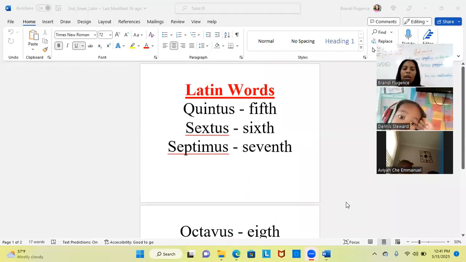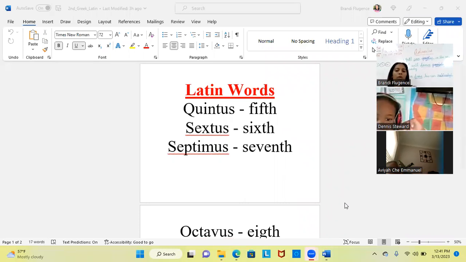All right, let's go over your Greek and Latin this week. So basically still covering our numbers. We have quintus, and it means fifth. Sextus means sixth.